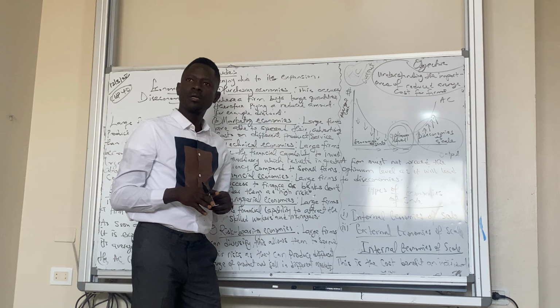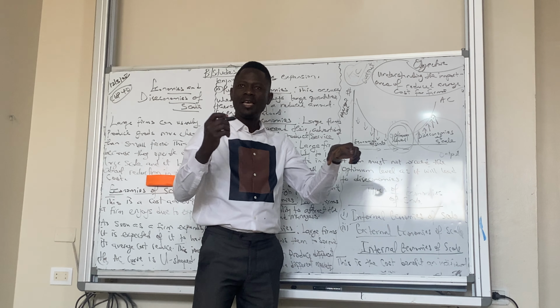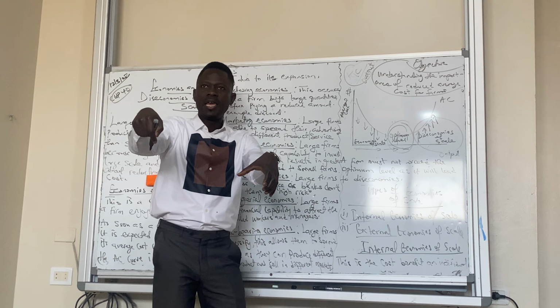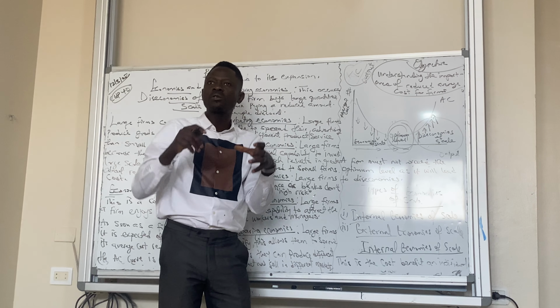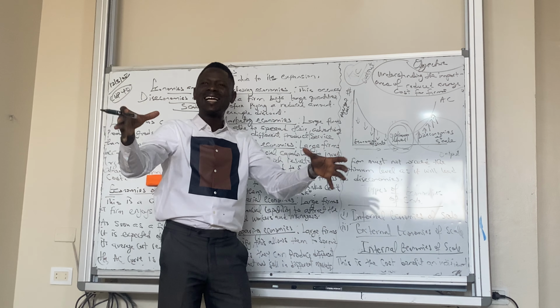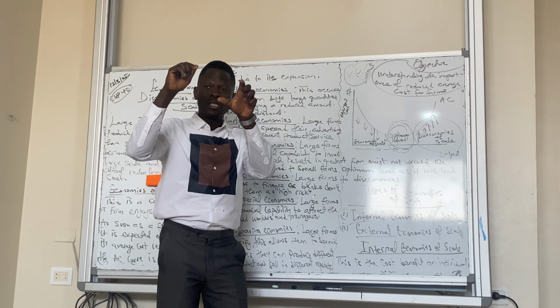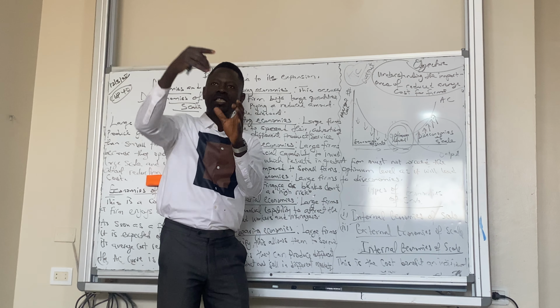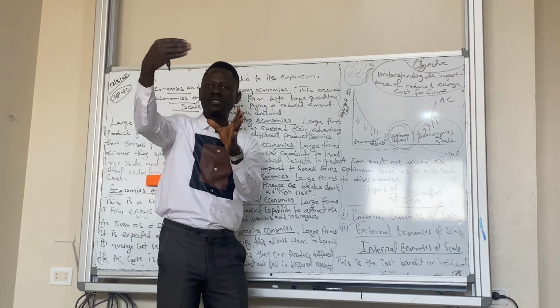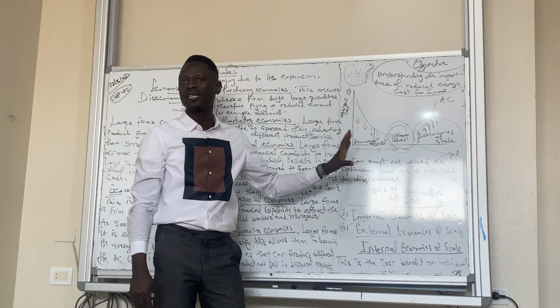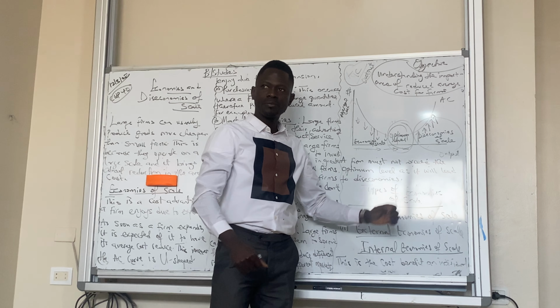It's internal because it's a firm inside the industry, like IKS in the industry of international school. Because of its expansion, it starts reducing its average cost. That is internal economies of scale. So it's just an individual firm. The school is expanding, and as a result of that, it starts witnessing a reduction in its average cost. That is internal.